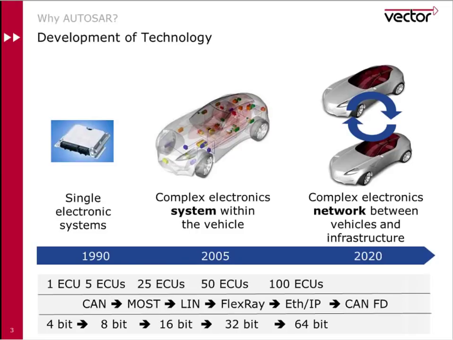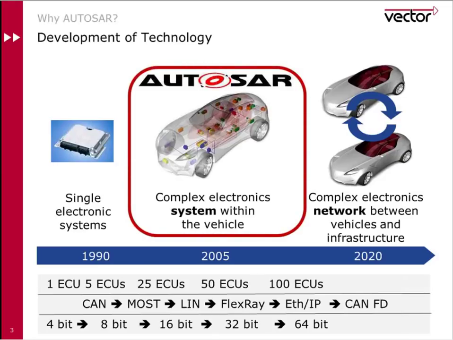And the processing power inside the ECUs themselves has evolved from 8 or 16-bit controllers to nowadays 32-bit controllers being more or less commonplace, perhaps even 64-bit or, more commonly, dual-core or multi-core 32-bit architectures. So as the vehicle functions have increased, so the electronic complexity and the power of the processing inside the vehicle has also had to increase. And the scope of AUTOSAR really covers this area in the middle, complicated electronic control systems within the vehicle. So this is the area of scope for AUTOSAR.